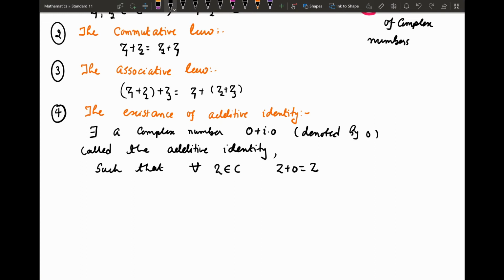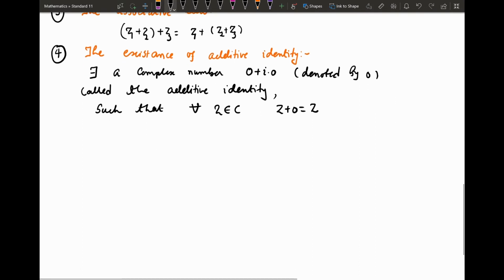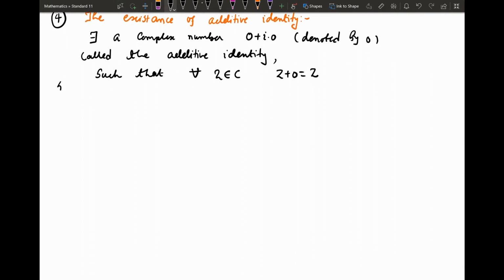So there exists a complex number 0, also denoted by 0 plus i into 0. That means for the complex number 0, the real part is 0 as well as the imaginary part is 0, and it is called the additive identity, because for all Z belongs to C, Z plus 0 equals Z. That's why 0 is called the additive identity.